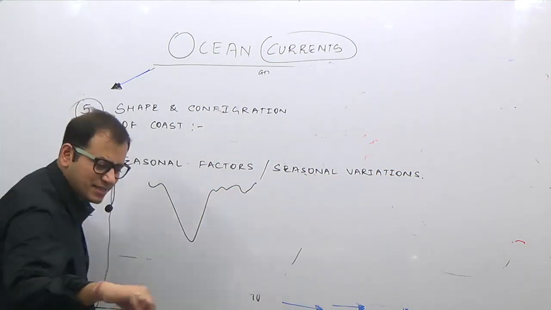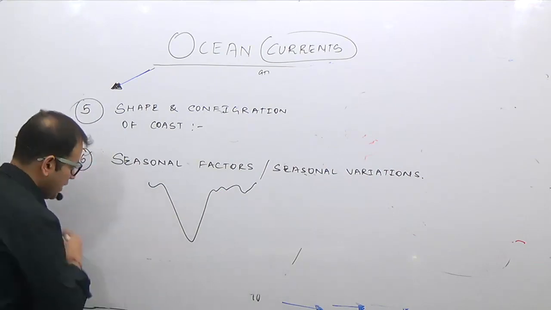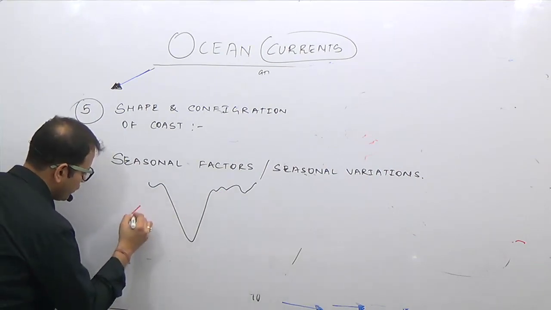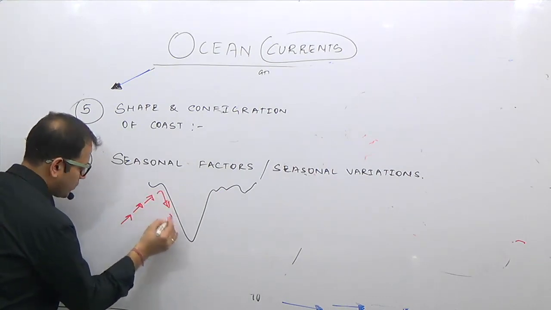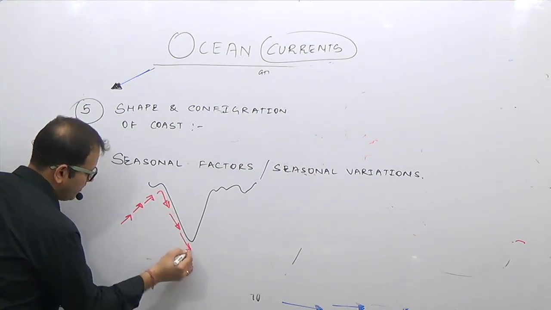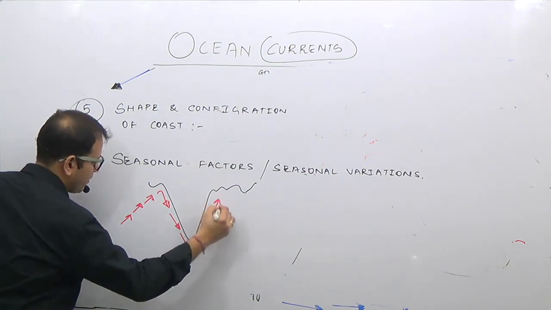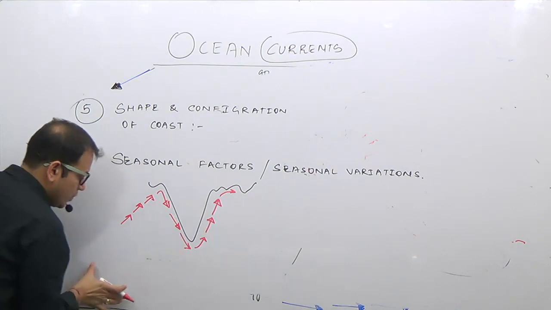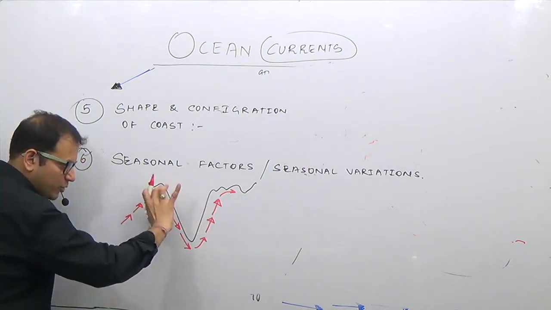During the summer season, because the monsoon wind is blowing from the southwest, we have the southwest current, which flows in this way. Why? Because it follows the monsoon winds, which are blowing in this direction. So it is modified by the coast of India.